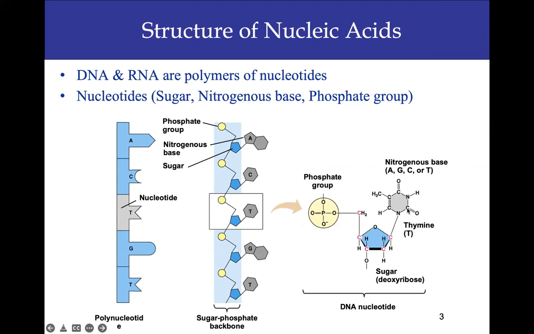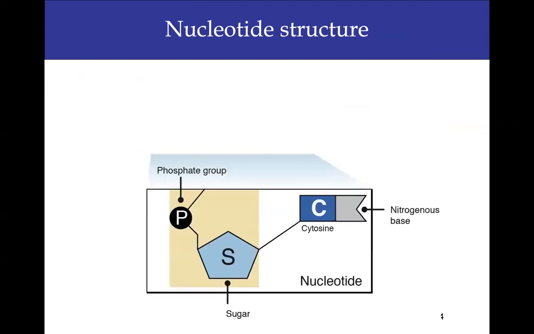It could be adenine, guanine, cytosine, or thymine. So either one of these four, these are all used in DNA synthesis, and this is what a nucleotide looks like. Okay, so again, nucleotide structure. There is the ribose sugar, there is the nitrogenous base, in this case it's cytosine, and a phosphate group.